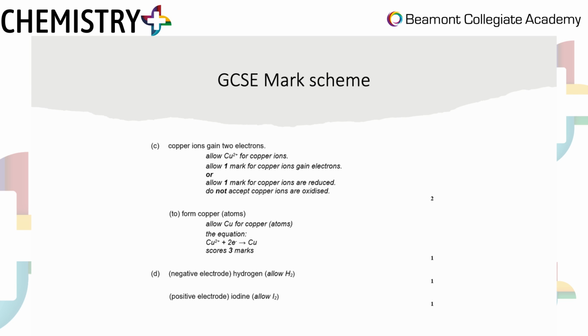So for part C, copper ions gain 2 electrons. That was for 2 marks. And copper atoms are formed. For D, at the negative electrode, we have got hydrogen forming, and at the positive electrode, iodine.